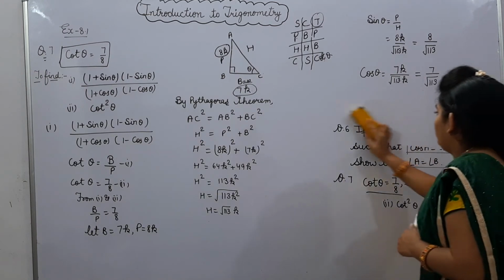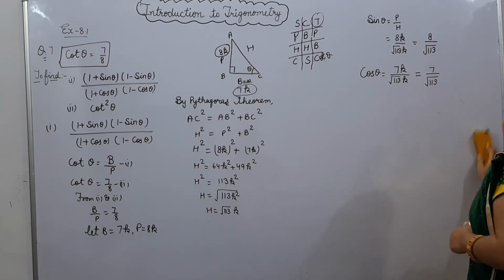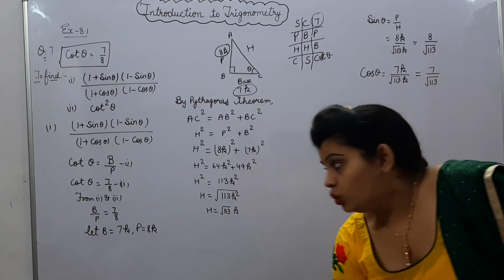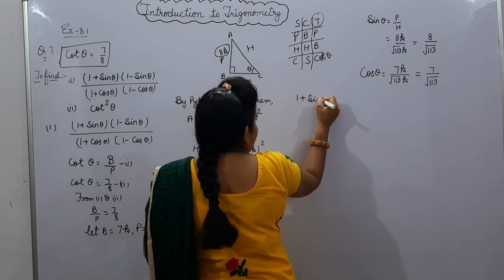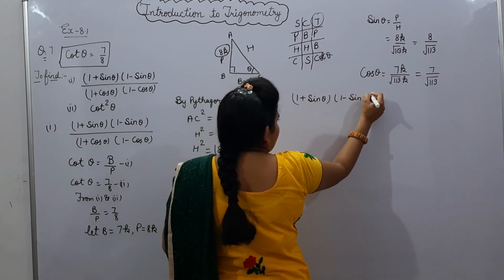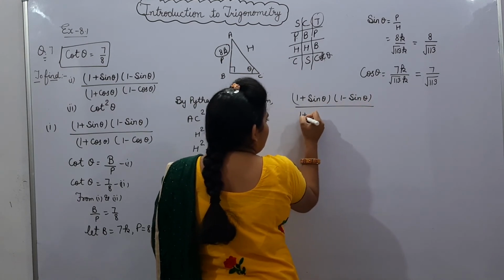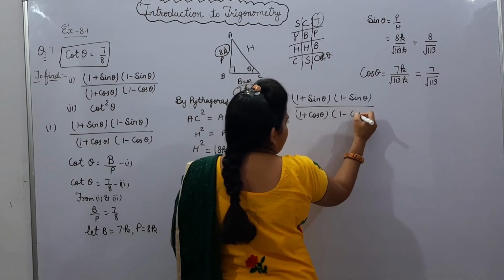Now what we have to do? We have to find the value of (1 + sin θ)(1 − sin θ) divided by (1 + cos θ)(1 − cos θ).